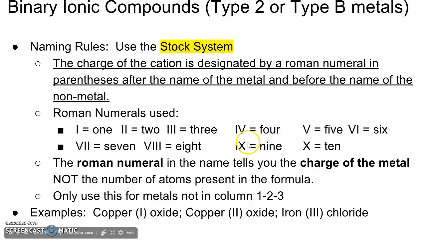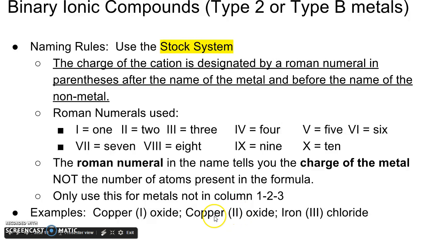So I've given you just some little examples down here: copper 1 oxide, copper 2 oxide, iron 3 chloride. So you know this has copper and oxygen in it. You'll know the charge of oxygen because of the periodic table. And this tells me that this particular copper has a 1+ charge. So I can now write the formula for it. Copper 2 oxide, this tells me this particular copper has a 2+ charge.